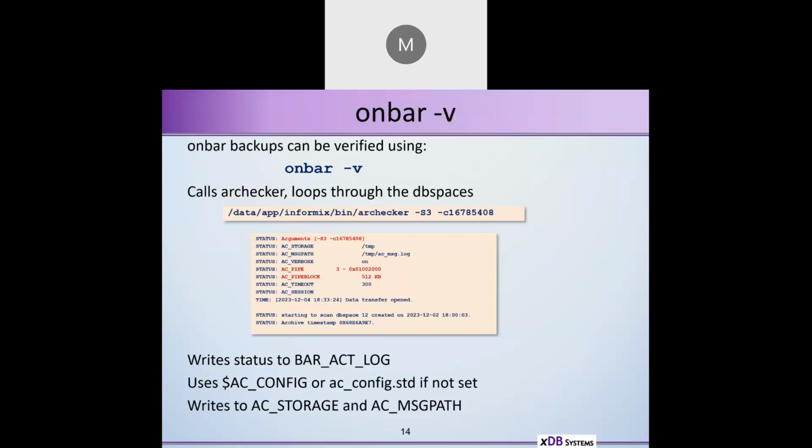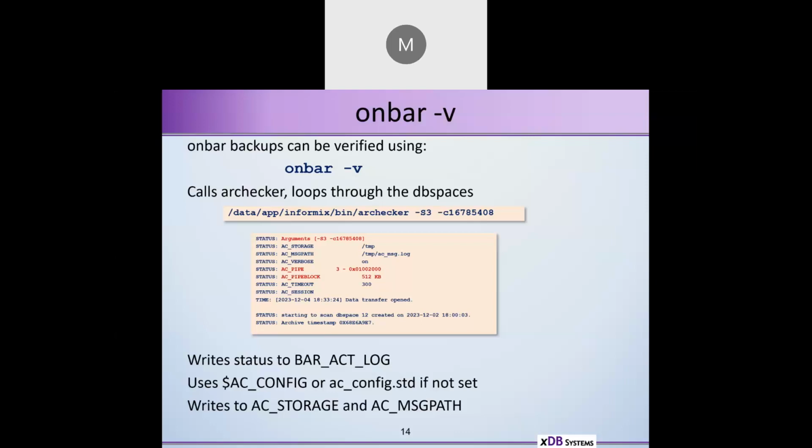But what you can do is run onbar -V. The -V sent to onbar is verify. This simply calls archecker, and even if archecker on its own isn't successful, as I found, then onbar -V normally is, but it runs in a slightly different way. It loops through all of the dbspaces, and it'll check them one by one.